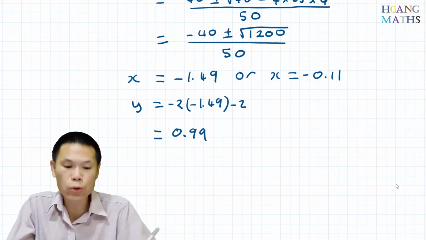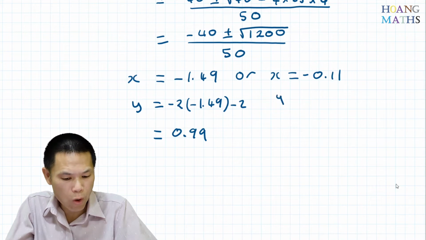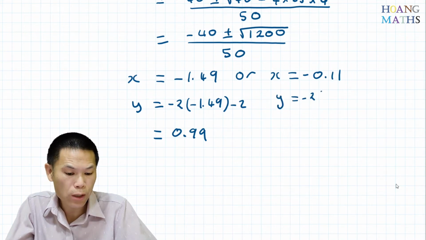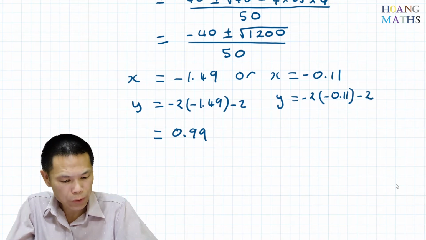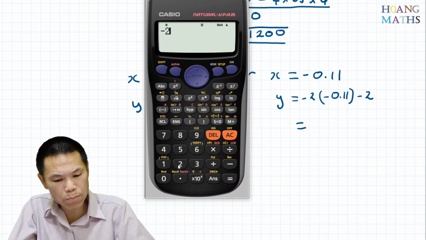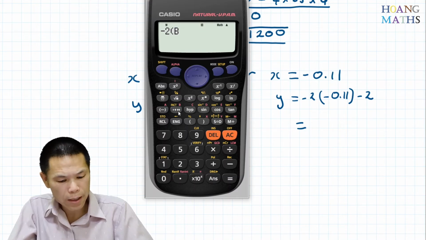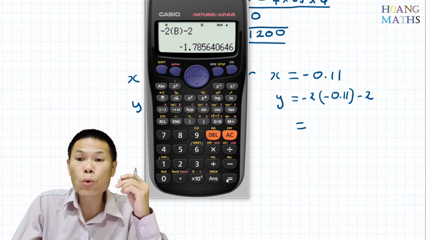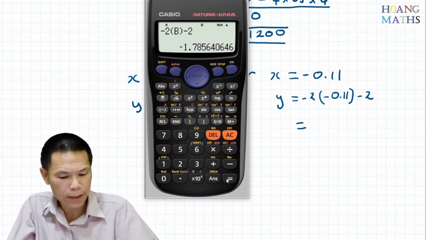And for x is equal to negative 0.11, y is equal to negative 2 bracket negative 0.11 minus 2. So I just go negative 2 bracket alpha B and then minus 2. So negative 1.78.